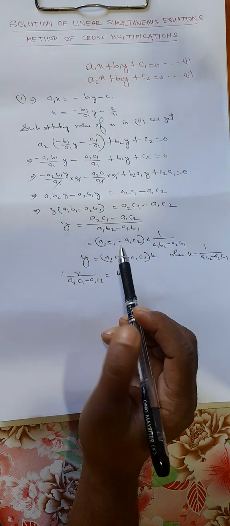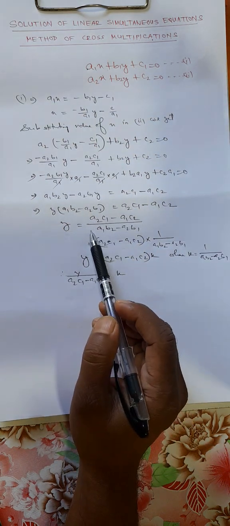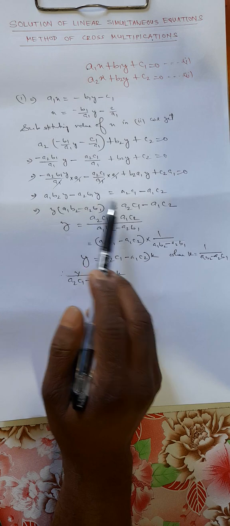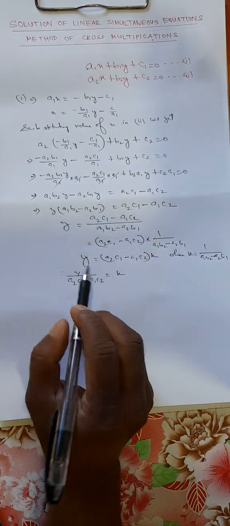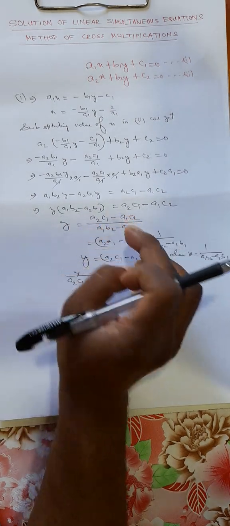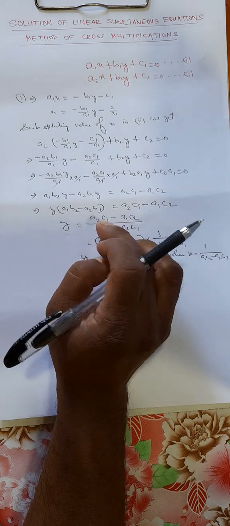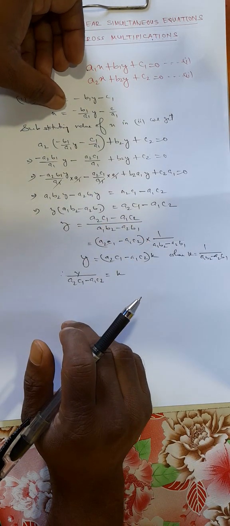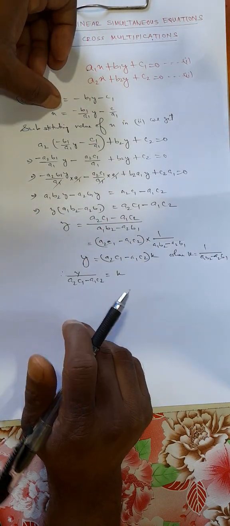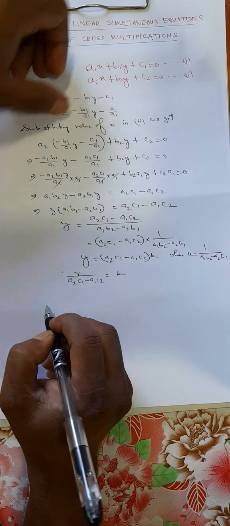Now we got the value of y by solving this linear equation. Now we can substitute this value of y in equation 1 to find the value of x. So we will find the value of x.